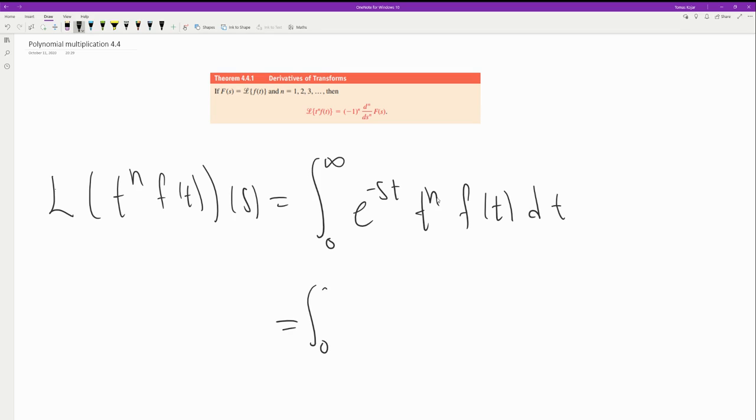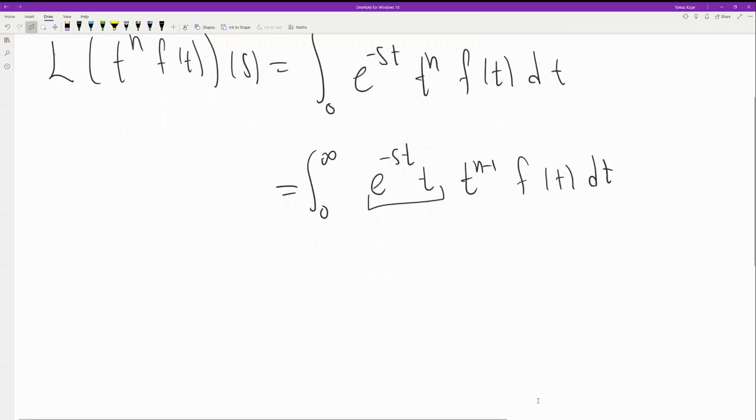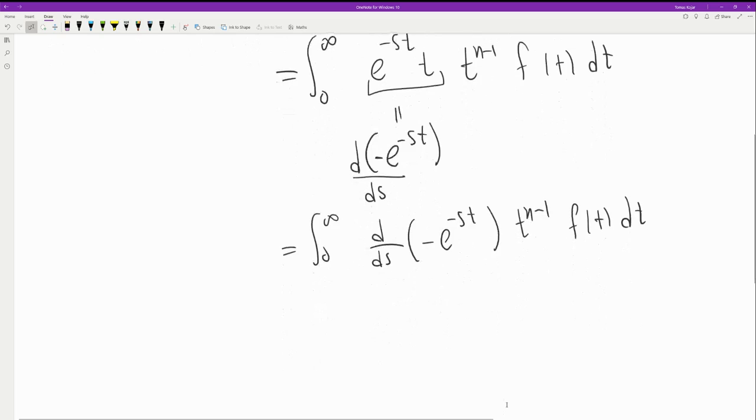We group it together, and we observe that this is nothing else but the derivative in s of this function. Right? And then we swap integral and derivative.